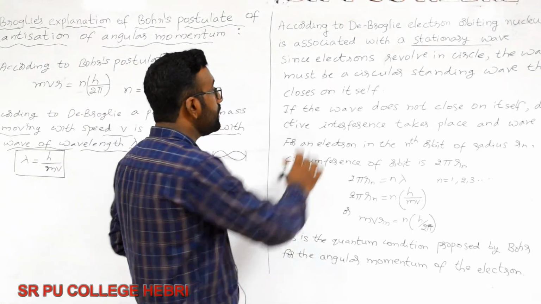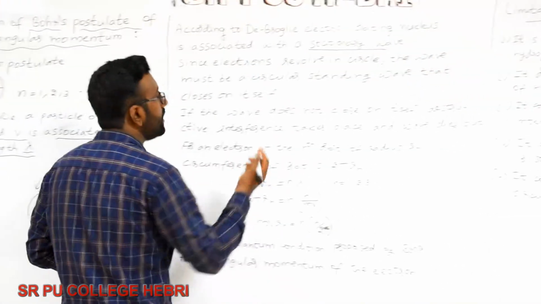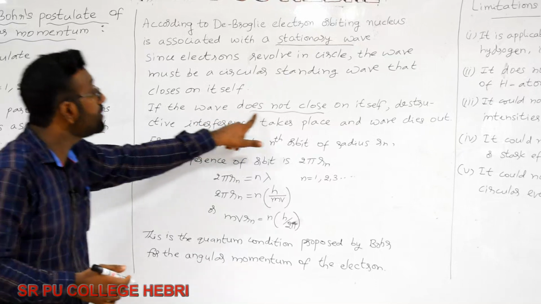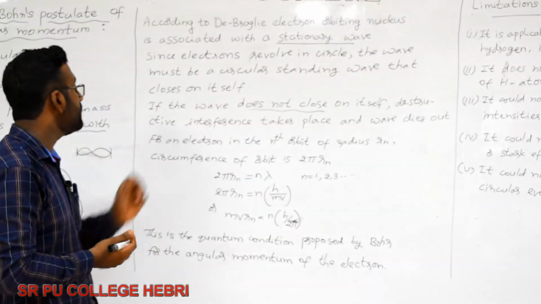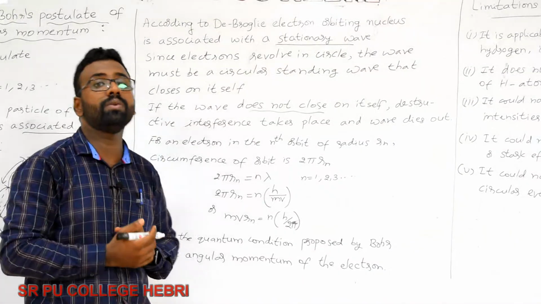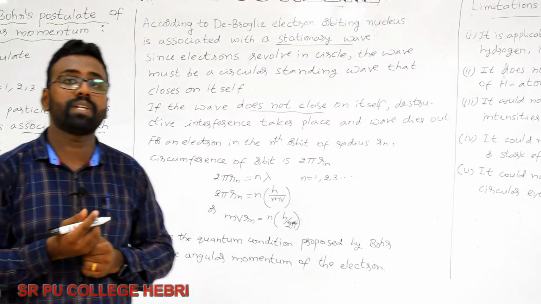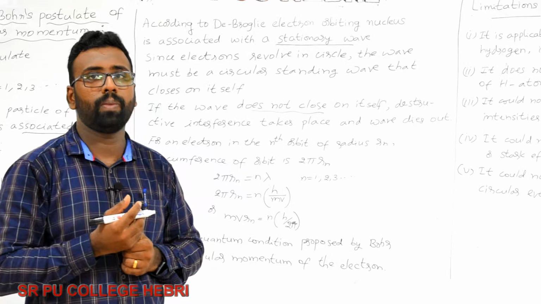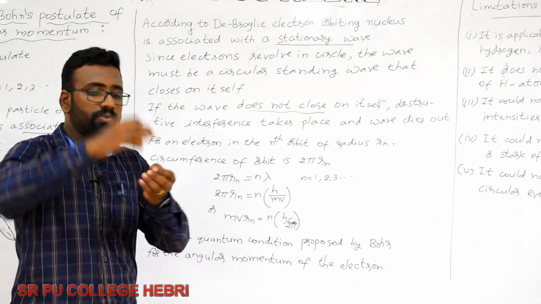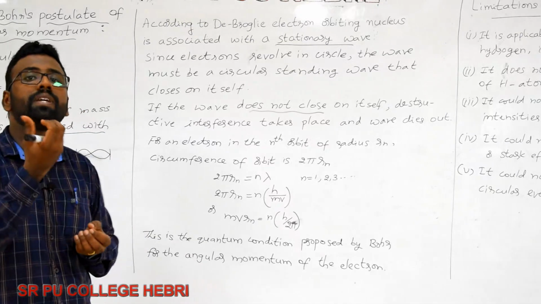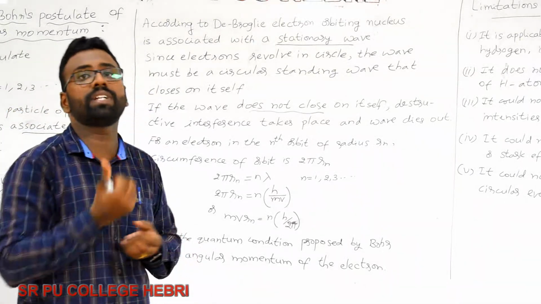Then we will see, if the electron wave does not close on itself, what happens? We will have destructive interference. You must have seen destructive interference and constructive interference. When waves are in phase, they give you constructive interference.